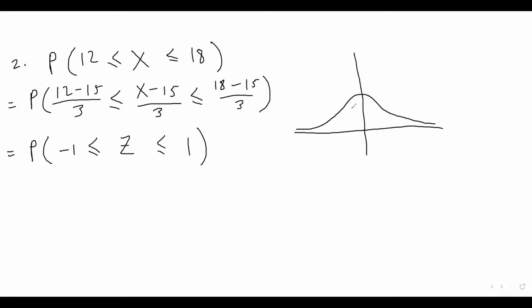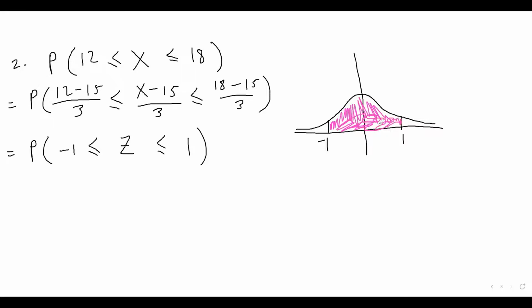So let's go to the rough sketch we have here and indicate what we are looking for. Suppose this is minus 1 here, and of course that's positive 1 on that side. The area we're looking for is the area under the standard normal curve between minus 1 and 1, the area here in the middle.